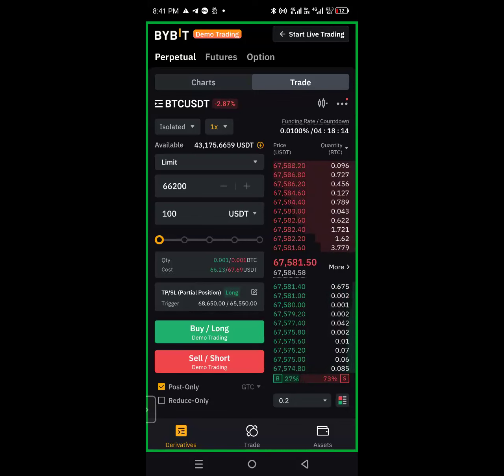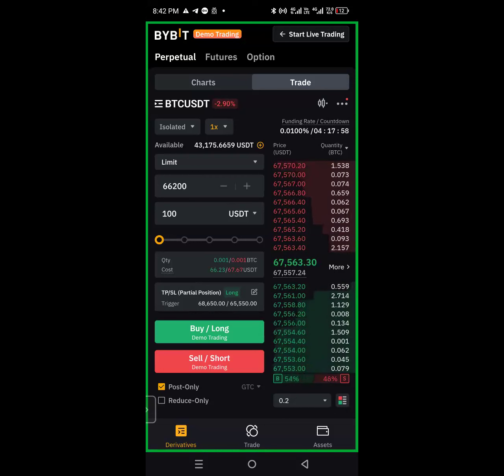So what are you going to be having left? You are going to be having less than $4 in your available balance, which probably means you will not have funds to take other trades until this one is completed.